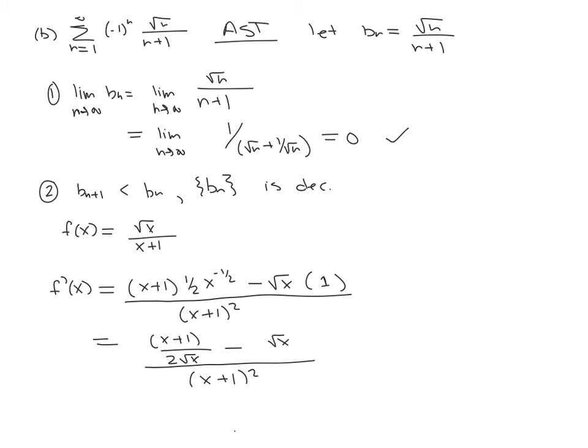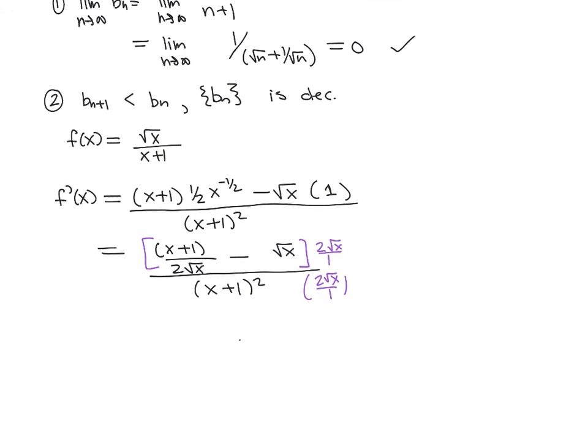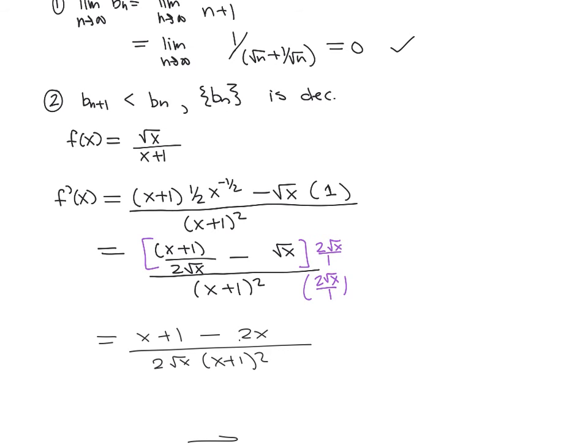And now to simplify that, let's multiply this by 2 root x over 1 and 2 root x over 1. Okay, doing so, we will have x plus 1 minus 2x over 2 root x times x plus 1 squared, and I swear we're almost done. This is 1 minus x over 2 root x times x plus 1 squared.